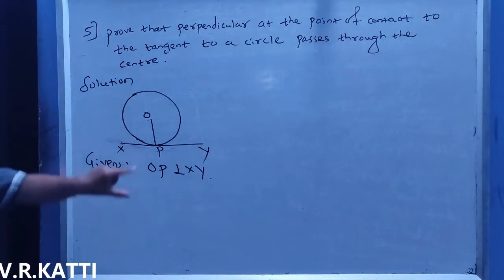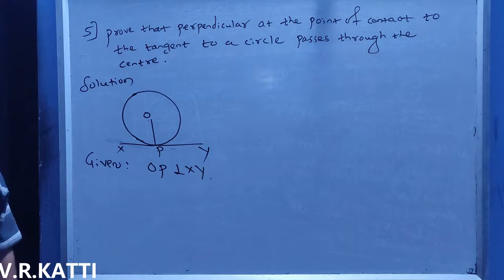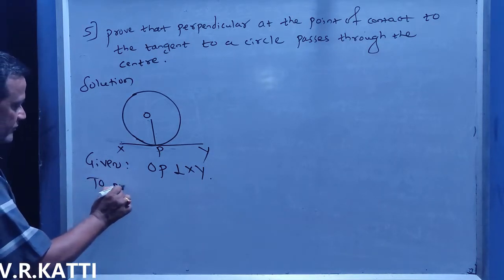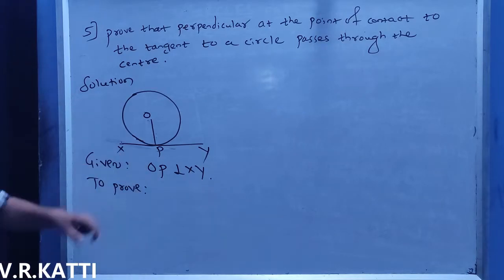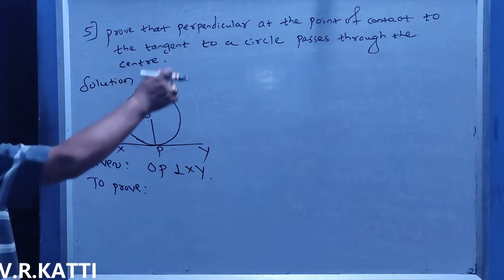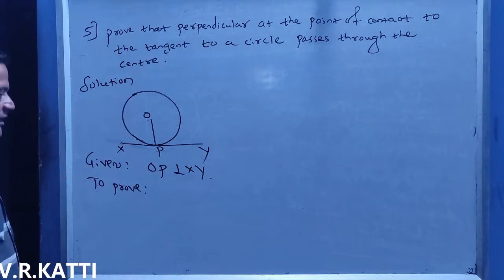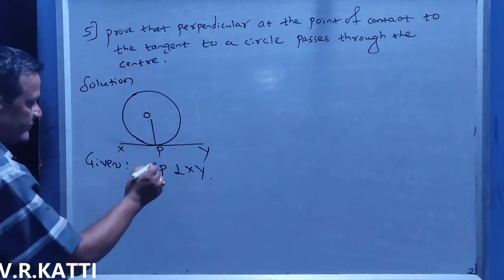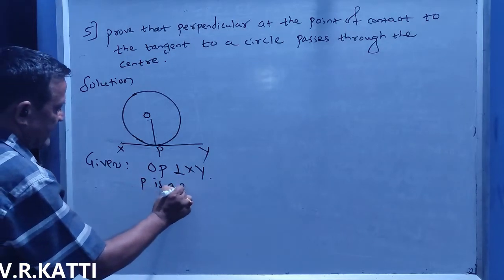This much. Next, to prove: the perpendicular at the point of contact to the tangent, or you can write P is the point of contact in the given.